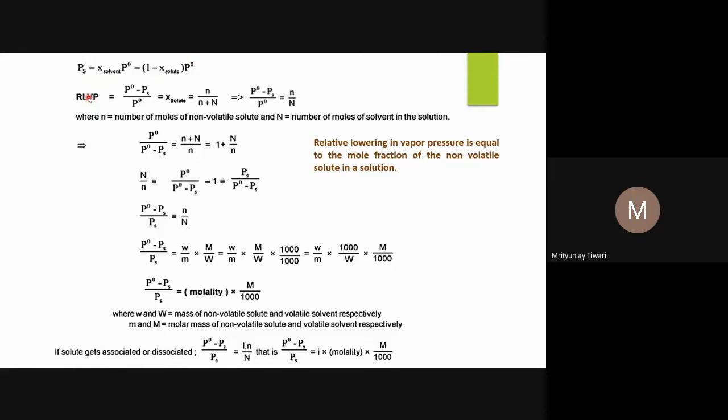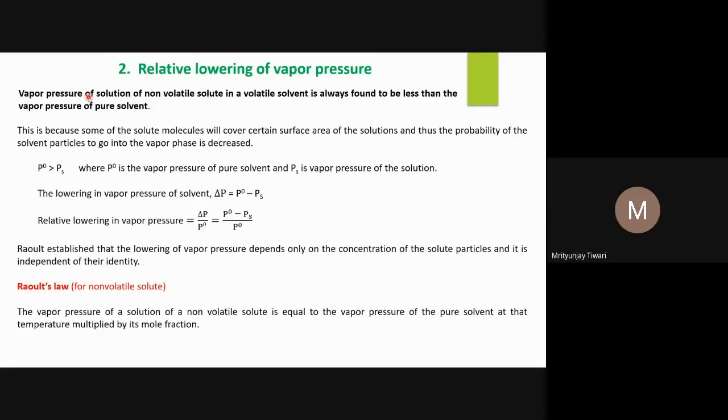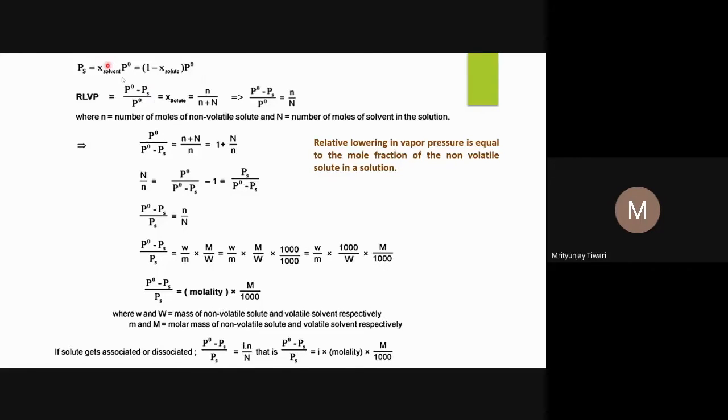Now the relative lowering in vapor pressure, which we defined here as P naught minus PS divided by P naught, will be equal to X solute. How will this be equal to X solute? Because if you write the value of PS, it is 1 minus X solute into P naught. And P naught you can take common, because P naught is here, and P naught is here also.